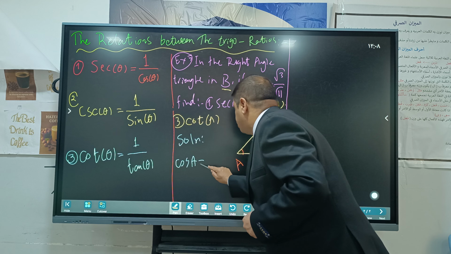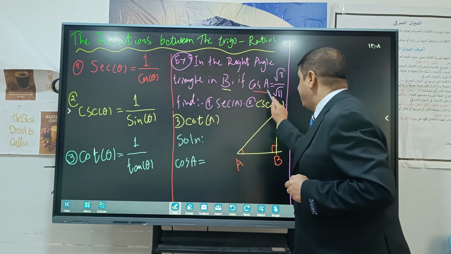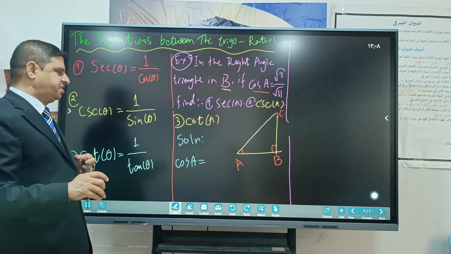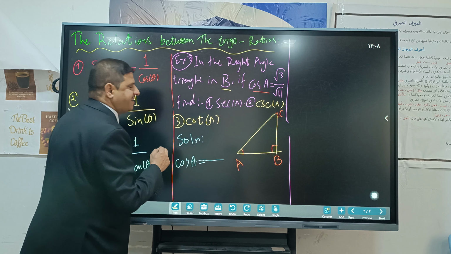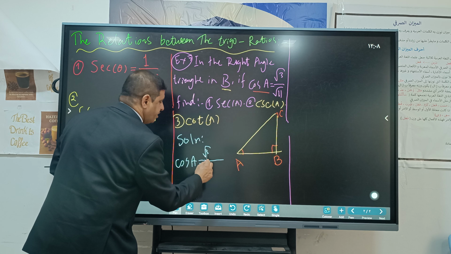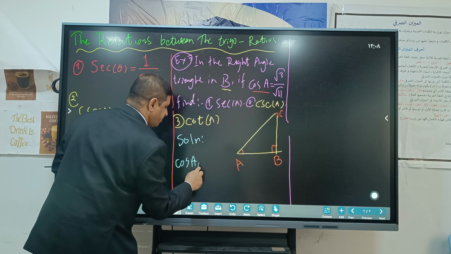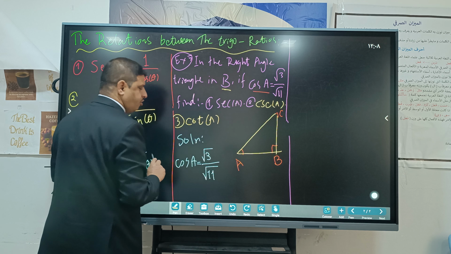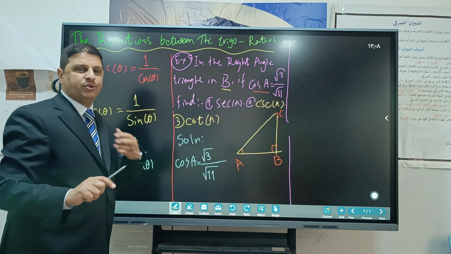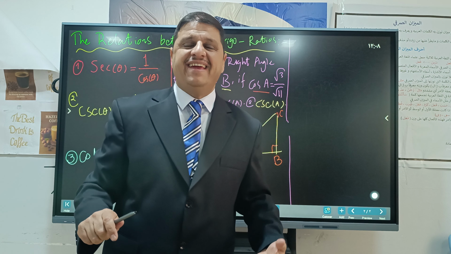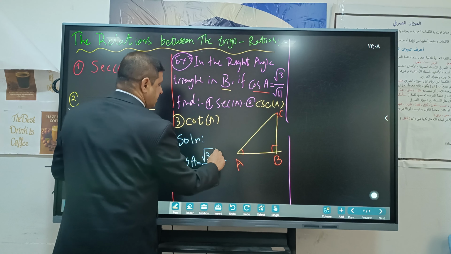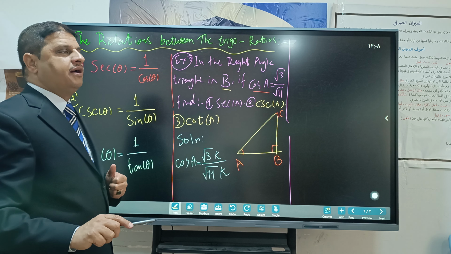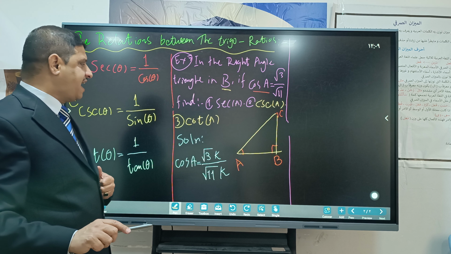Cosine of A equals, do not ever forget, when he gives you a trigonometric ratio, any trigonometric ratio, what would you do? You write it: square root of 3 divided by square root of 11. Okay? Now, what will I do? I, as a keen student, will multiply both numerator and denominator with a positive constant k.